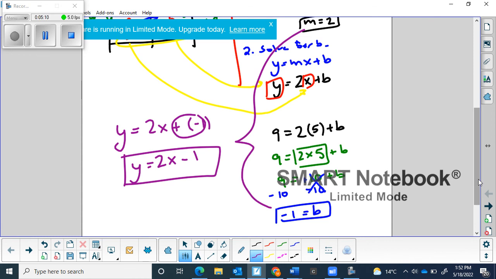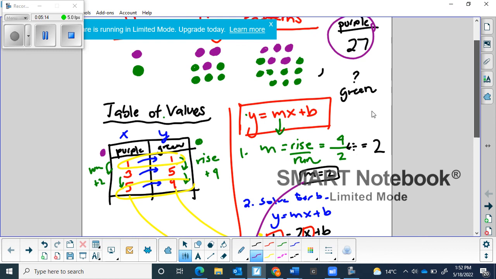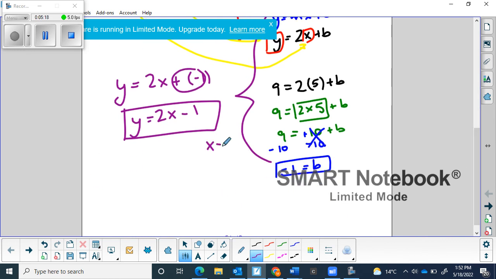So now if we go back up to the top, our question was, well, what happens when we have 27 purple dots? Well, purple is x. So let's just replace x with 27. So y equals 2x minus 1. Wherever there's an x, we're going to put in a 27.